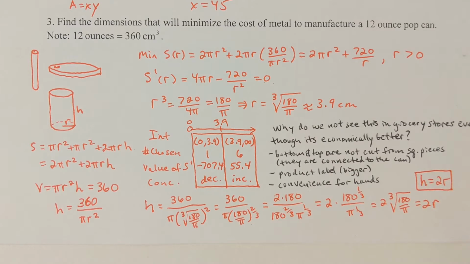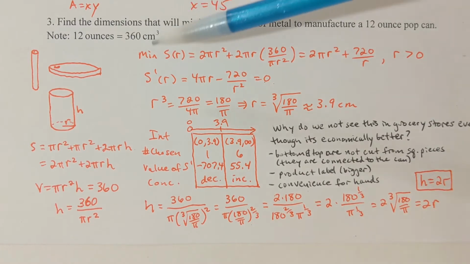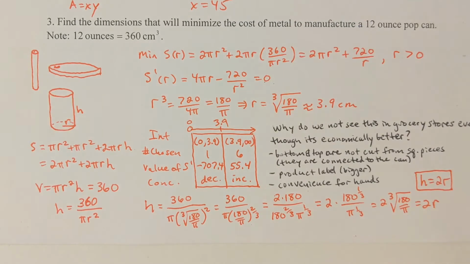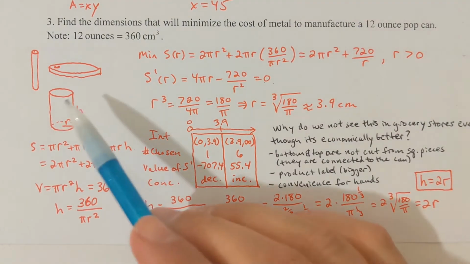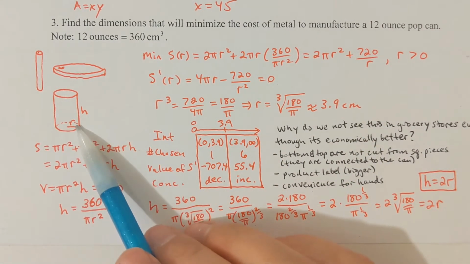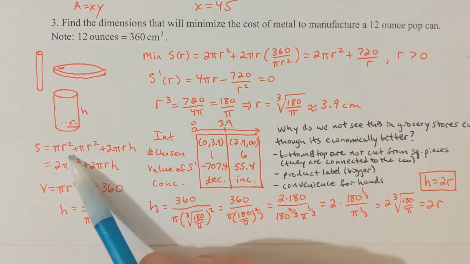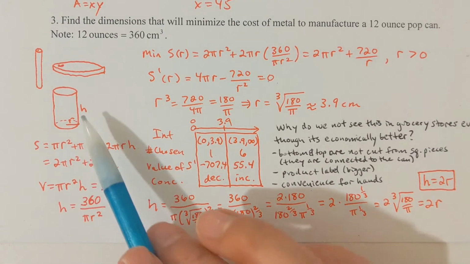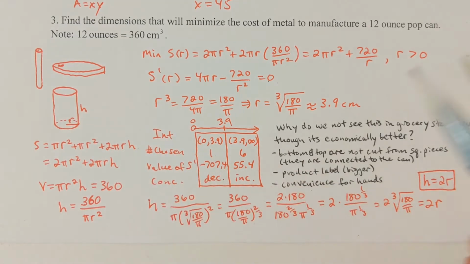And we want to minimize the cost of the metal, so we want to minimize the surface area of the cylinder. Now, the surface area of the cylinder would be the total area wrapping around forming the can here. I've got the circular top and bottom, and the area of a circle is pi r squared, so I'm going to have 2 pi r squared, plus the part that's wrapping around, which is going to be a rectangle.